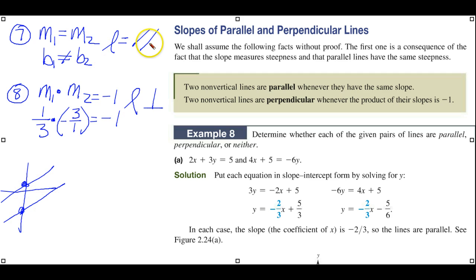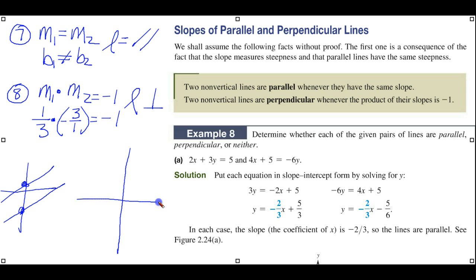These lines are parallel. And here, if we multiply the slope of one by the slope of the other, and the product is a -1, such as 1/3 times a -3/1, the negative reciprocal of this, the product is a -1, the lines are perpendicular.